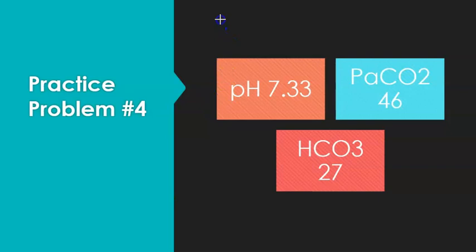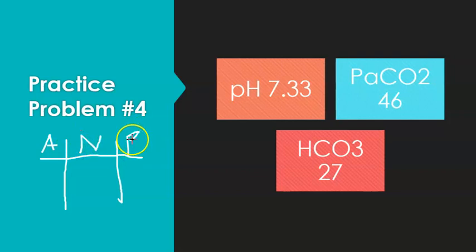Problem number 4, as always, with our grid: acid, normal, base, and putting our values in the appropriate column. So we have our pH of 7.3, which is acidotic. We have a PaCO2 of 46, which is also acidotic.